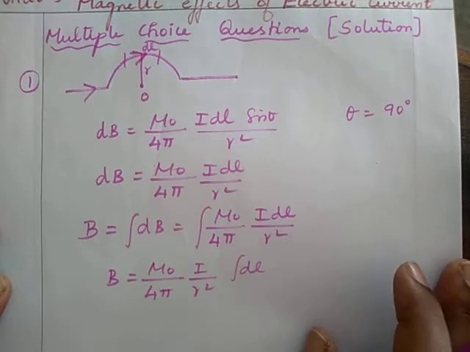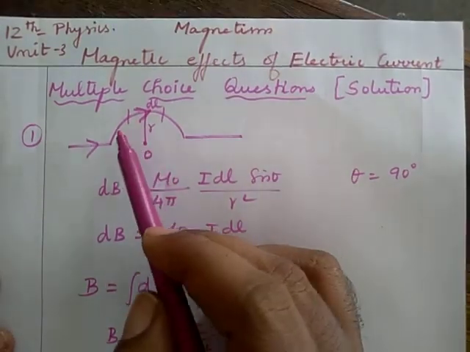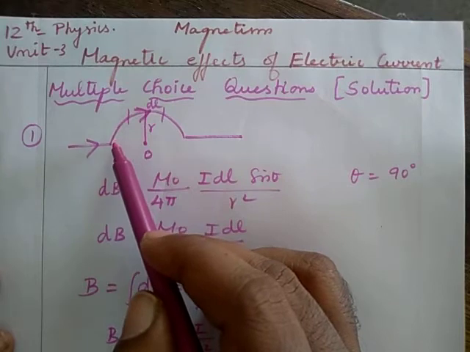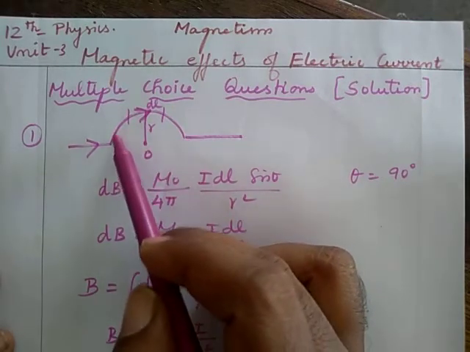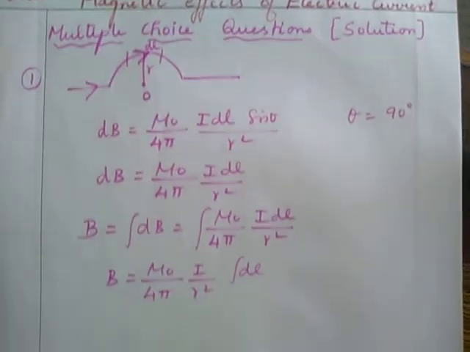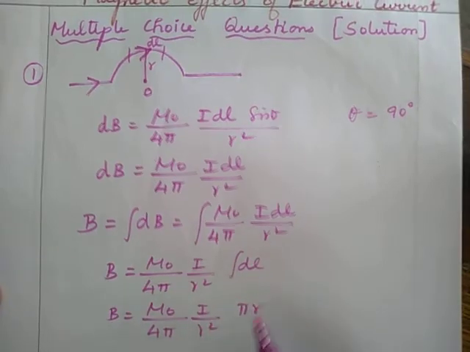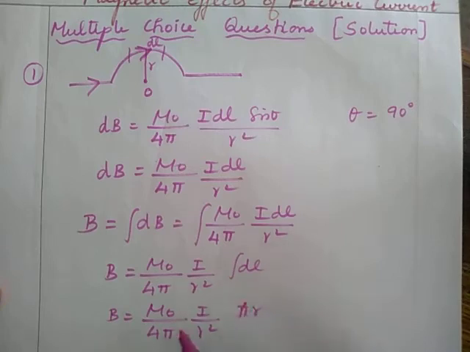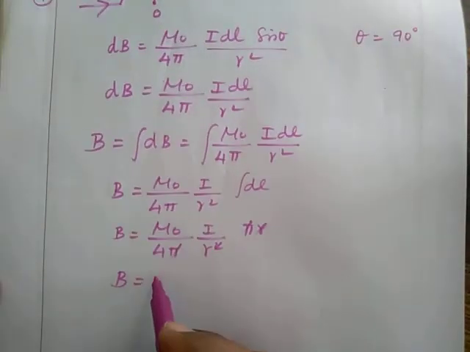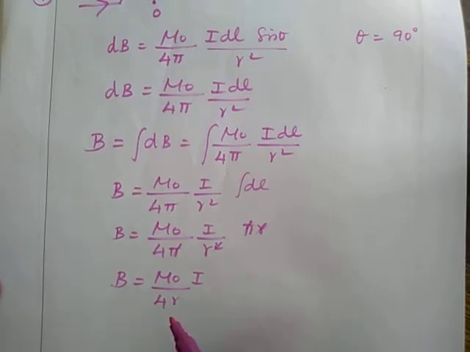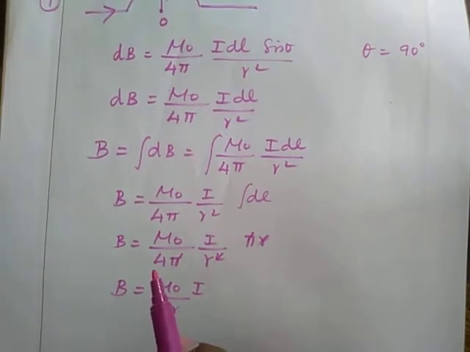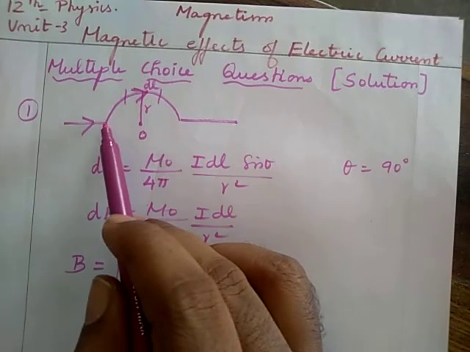We know integrating a small length in a semicircle, we get the entire length of the semicircle, which is pi r. Then we can write B is equal to mu naught by 4 pi I by r square into pi r. Here pi cancels and r cancels. The remaining term: B is equal to mu naught I by 4r. It is the magnitude of the magnetic field at the point O due to this current loop.